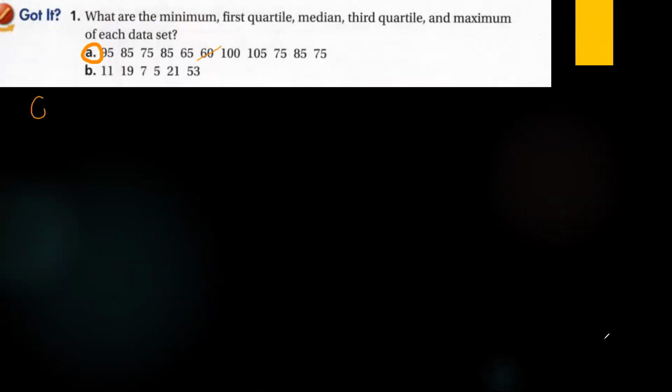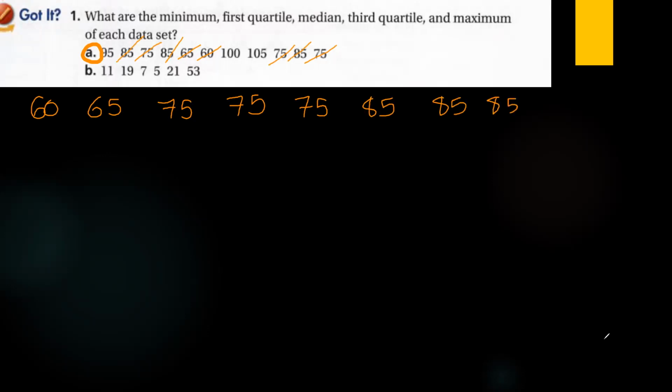We have 60, 65, 75, 75, 75, 75, then 85, 85, 85 three times, and then 95, then 100, and 105.